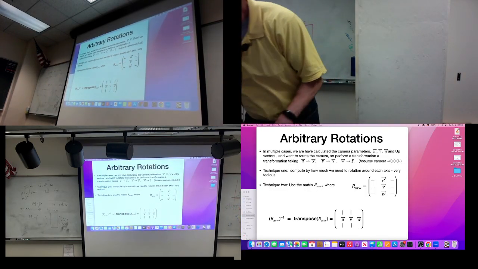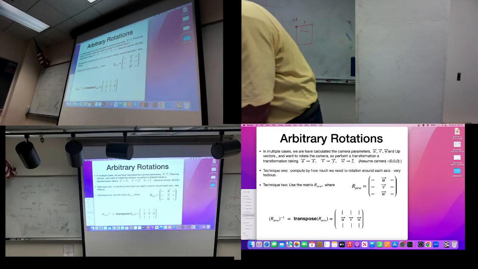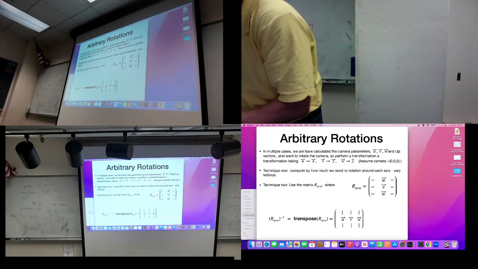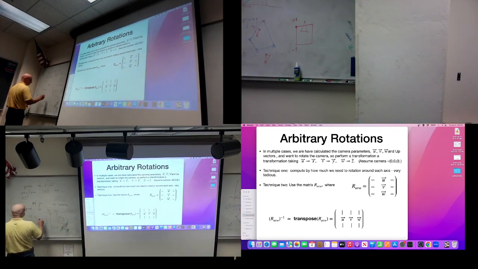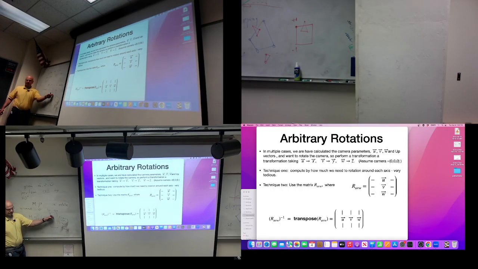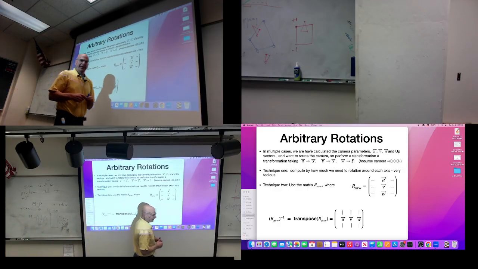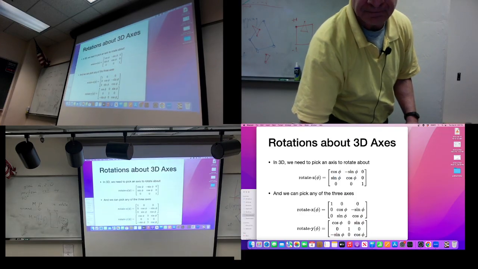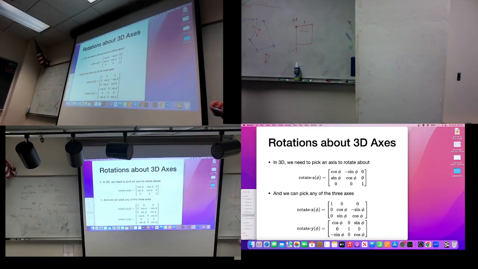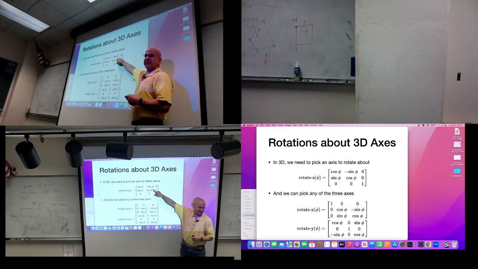R inverse, which in general, computing inverse is a pain. But because these are rotational matrices or orthogonal bases, what is this one? U as a column, V as a column, W as a column. What happens here in the square, after applying the first matrix, rotate by Z by 30 degrees?